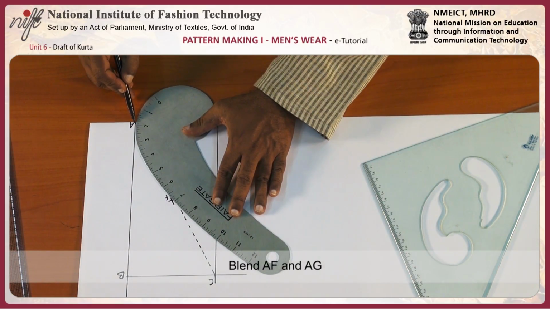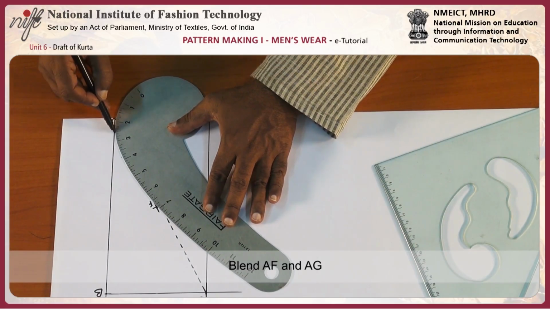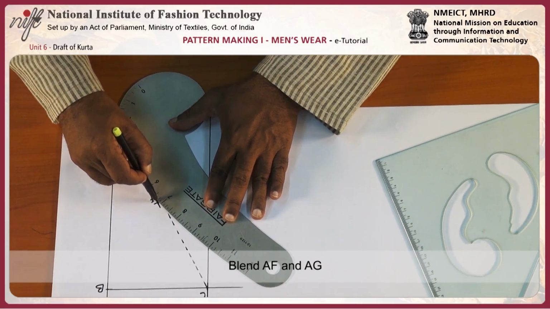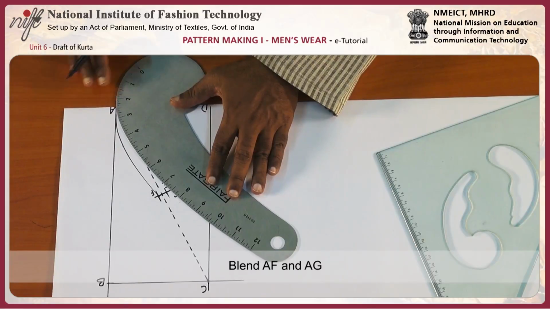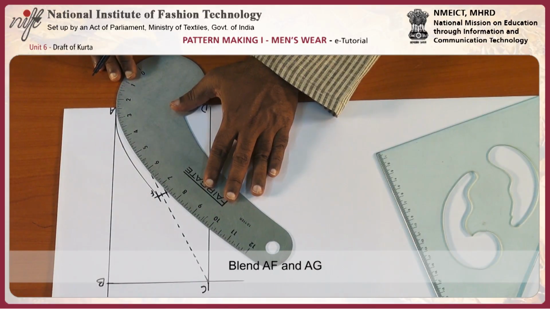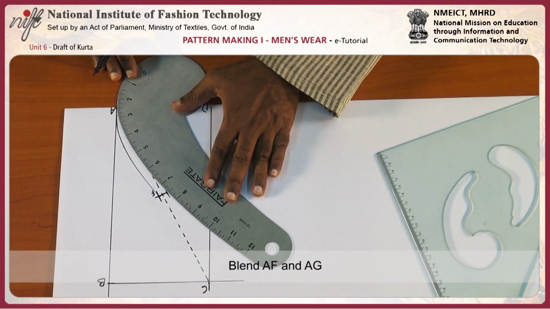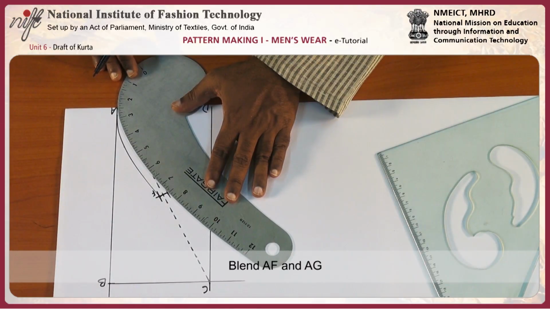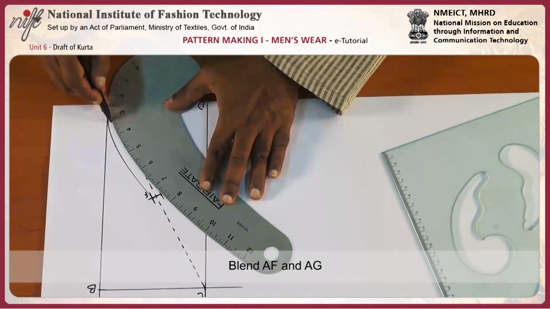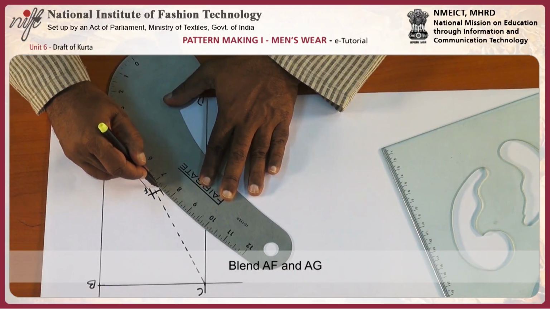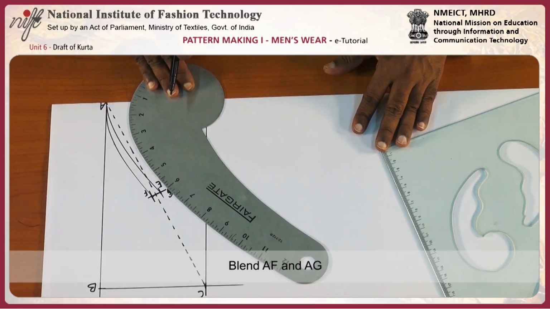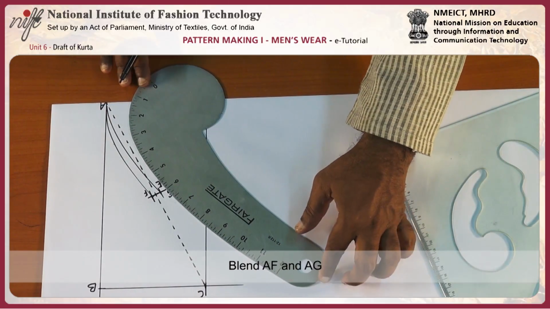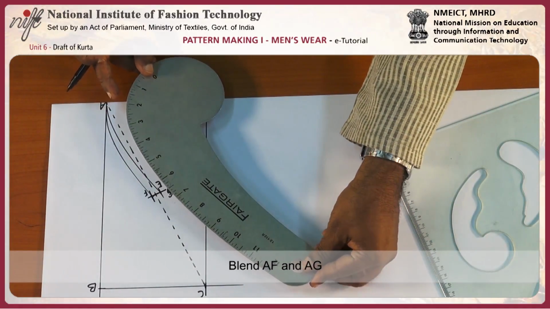First, from A I go straight for half an inch, then I'll connect to point F. Then from A, giving 3 by 8 straight from point A, then connect point G. Now you have to notice very carefully, this French curve is placed like this.